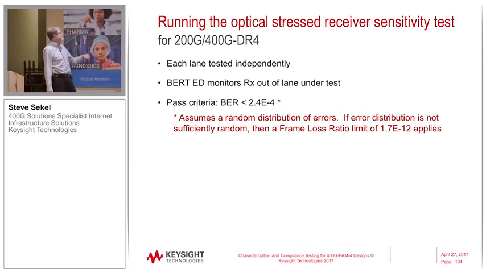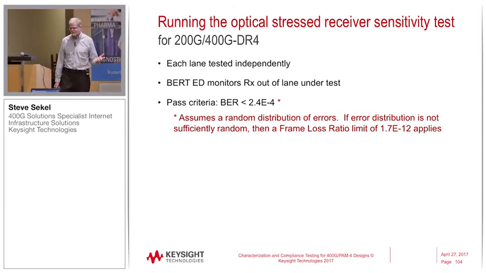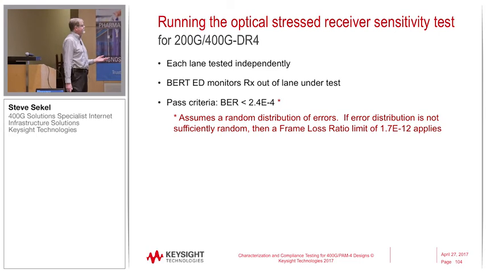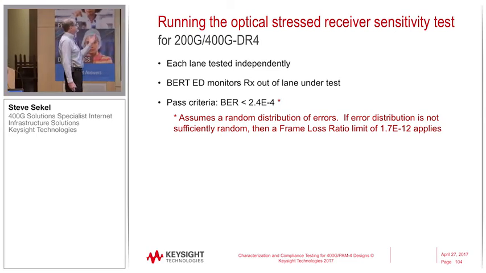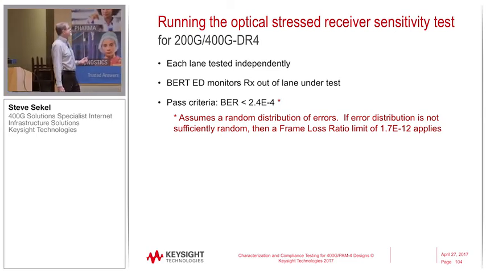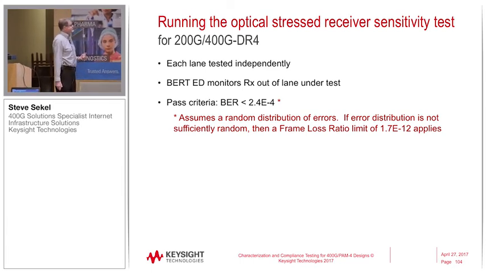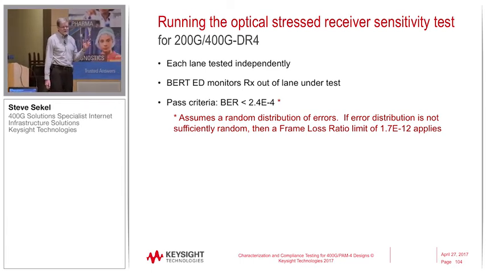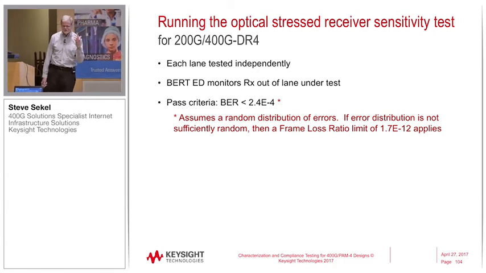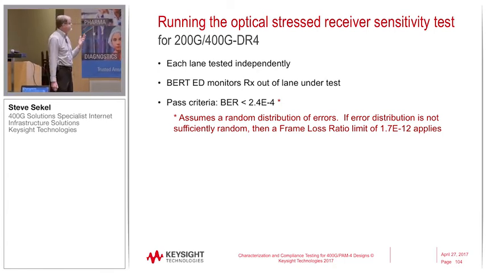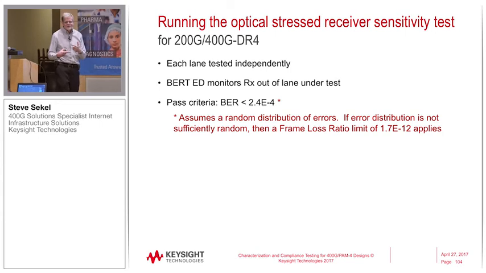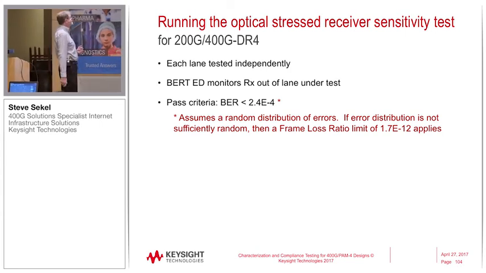And again, it's pretty much the same thing that we had with the LR and FR. Each lane is tested independently. The BERT measures the output from the device under test. It's an electrical signal. But remember, with the 400G, you've got 2 lanes to deal with, so you have to take the pattern and cut it apart to do that.